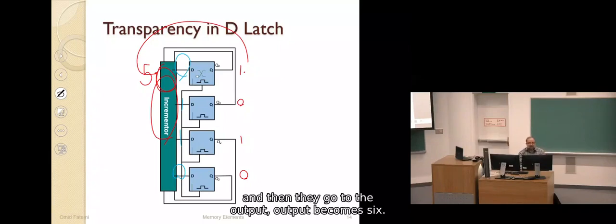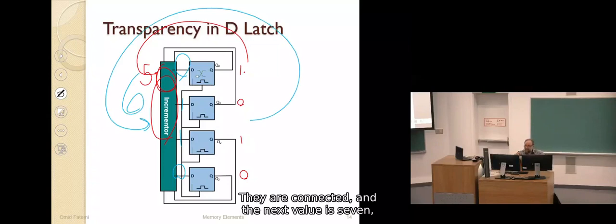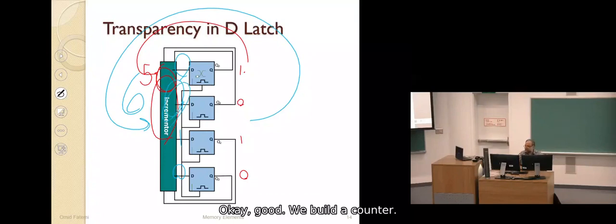And when the output becomes 6, these 6 now come here. They are connected. And the next value, 7, comes here, and it is at the D location. Okay? Good? We built a counter.